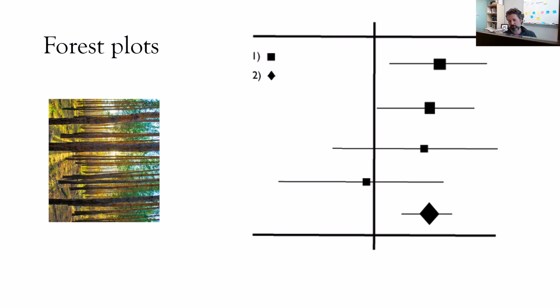The one closer to the top is almost statistically insignificant, and the one at the very top is statistically significant. It would be below 0.05. So you have 2 that didn't work, one that almost didn't work, and one that worked. But if you look at the combination of those, which is the diamond at the bottom, and you look at those all together, it's quite clearly far away from being statistically insignificant.